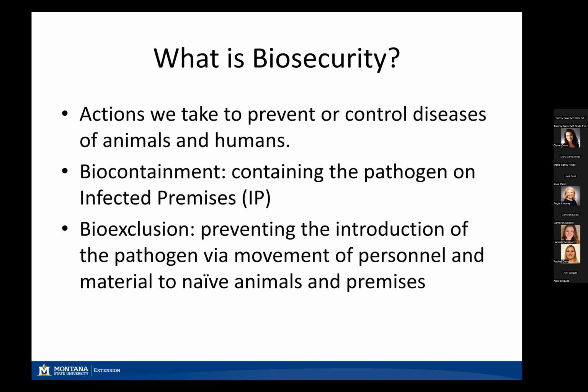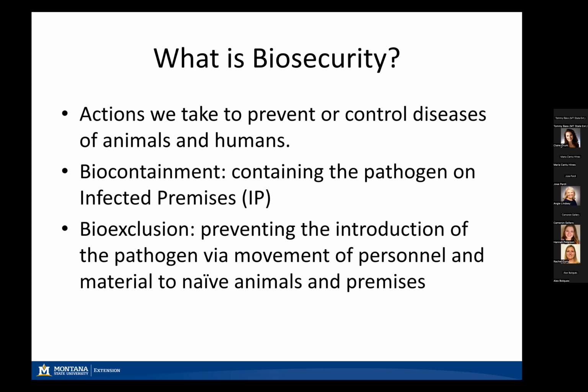I think we are all well versed over the last 3 years of increasing a daily biosecurity habit, which is washing our hands throughout the day, right? And then as diseases and different events escalate, we have many, many layers of more complex biosecurity. So biocontainment is containing the pathogen on an infected premises, right?